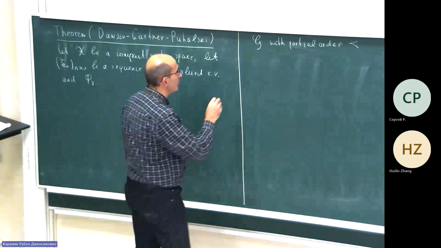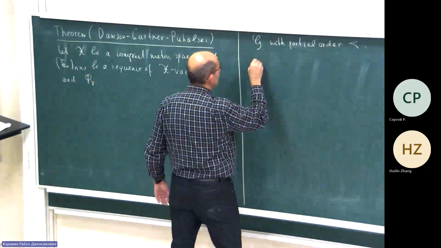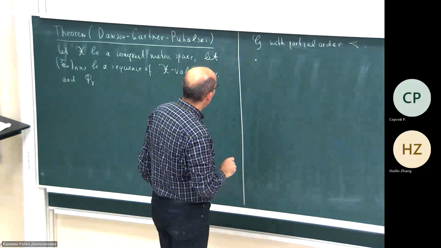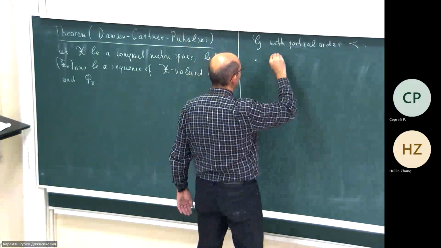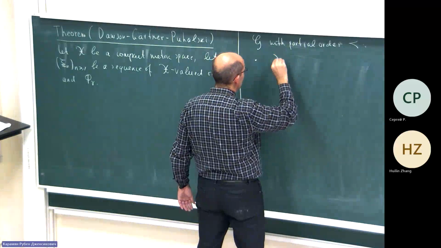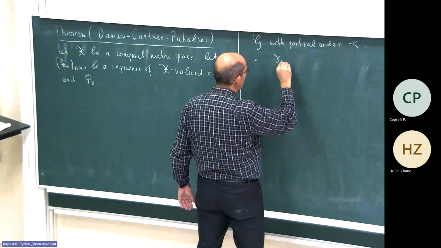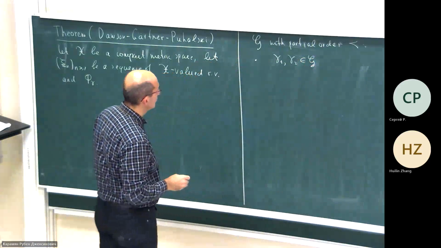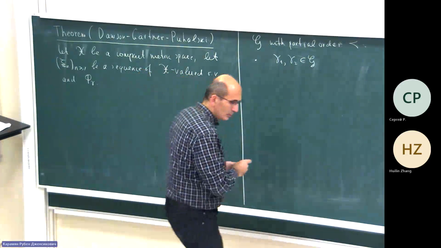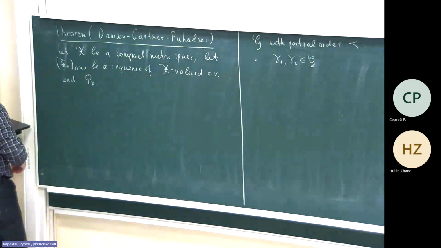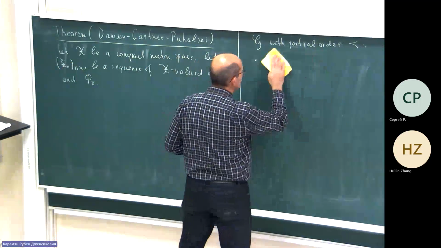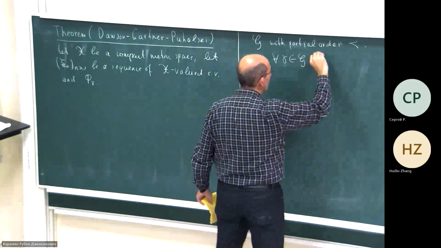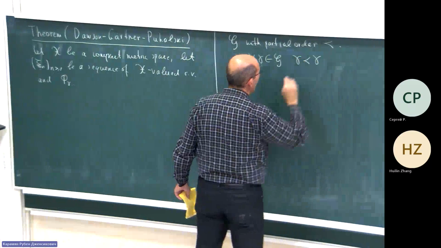Shall I remind you what it means? The first condition is that for any gamma, gamma is smaller than or equal to gamma.